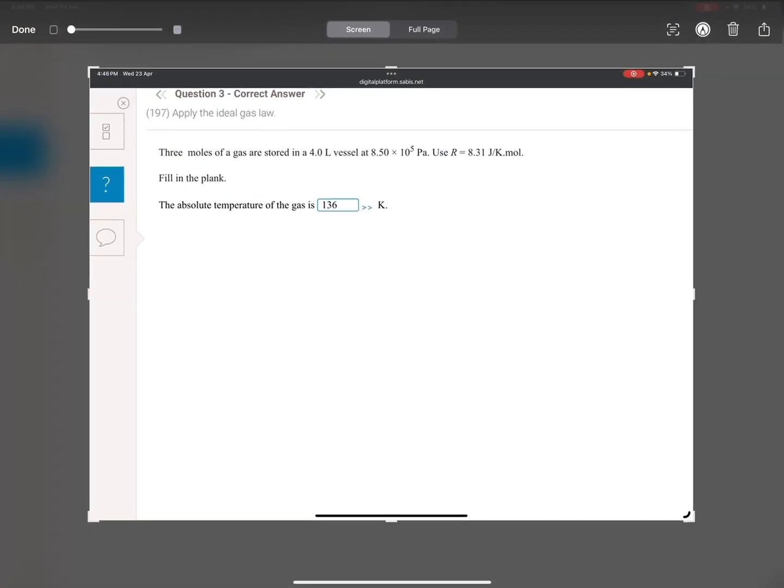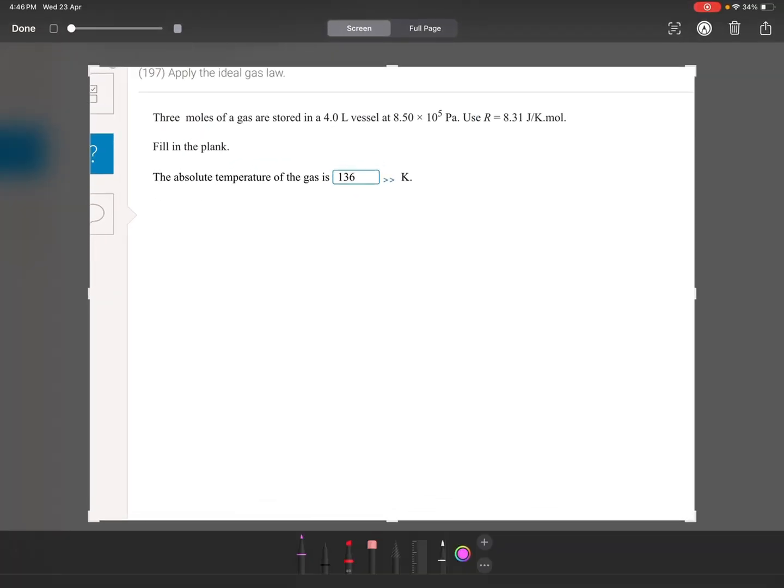For this question, we're going to use PV equals nRT, and you need to know that the volume has to be in meters cubed, pressure has to be in pascals, and temperature has to be in Kelvin.